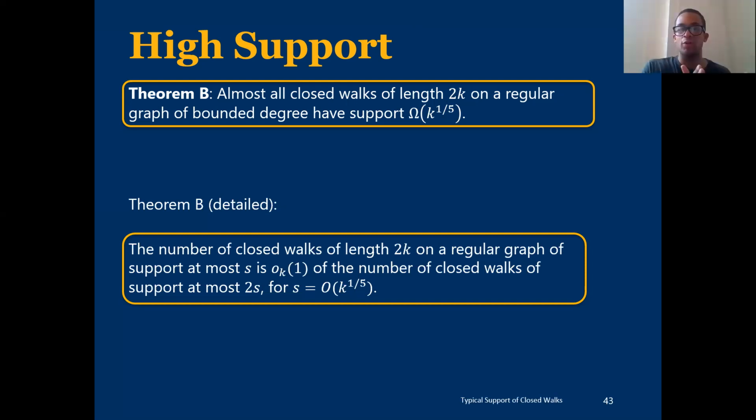So it can be an arbitrarily small fraction, as k goes to infinity, of the number of closed walks of support at most 2S, for S equals O of k to the 1/5. So note that this second expression implies this first expression.